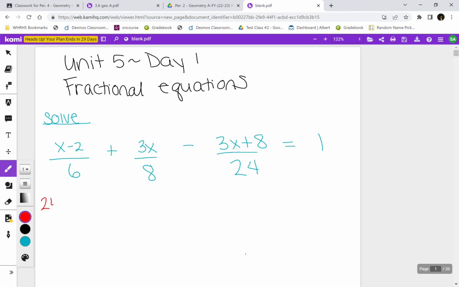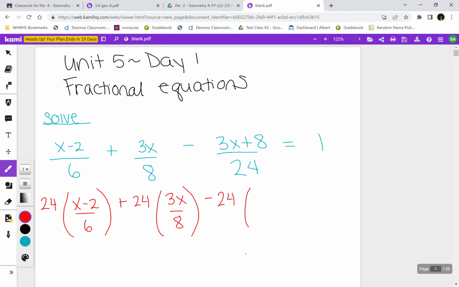So 24 times the quantity of x minus 2 over 6, plus 24 times 3x over 8, minus 24 times 3x plus 8 over 24. Do I have to multiply the 1 by 24 also?